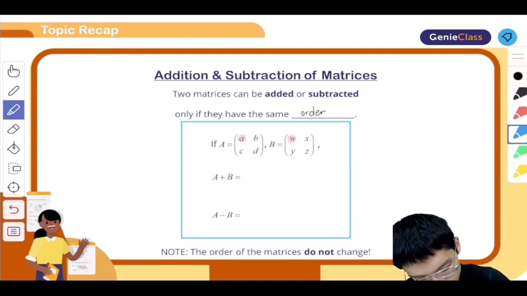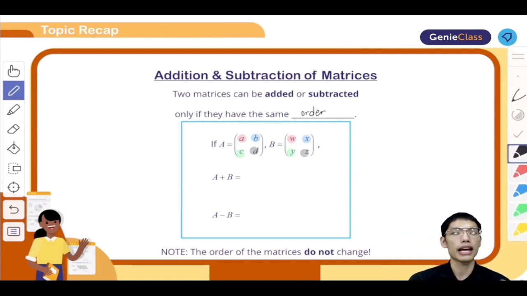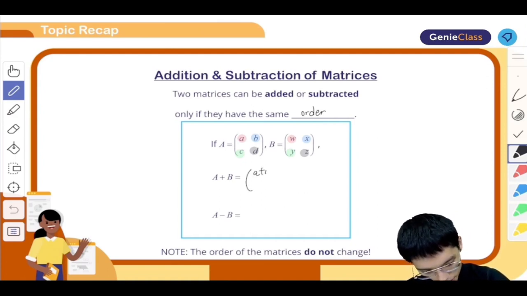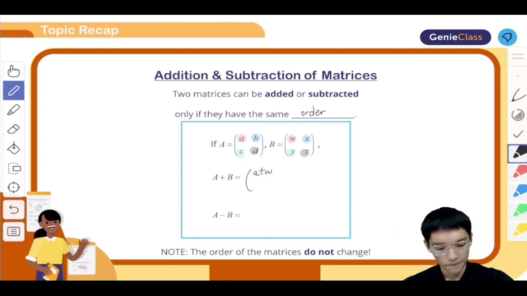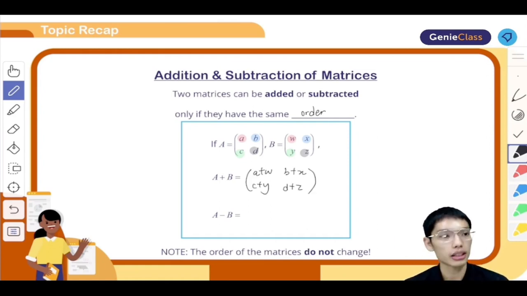Okay, again, B, C, D. Okay, if I were to do the color coding, you realize A plus B, I'm going to get exactly A plus W. The other one, B plus X, C plus Y, D plus Z accordingly.